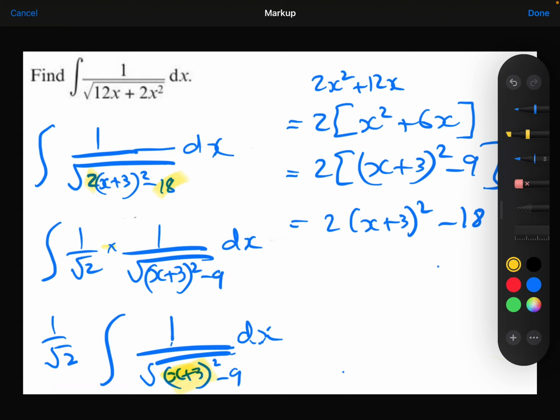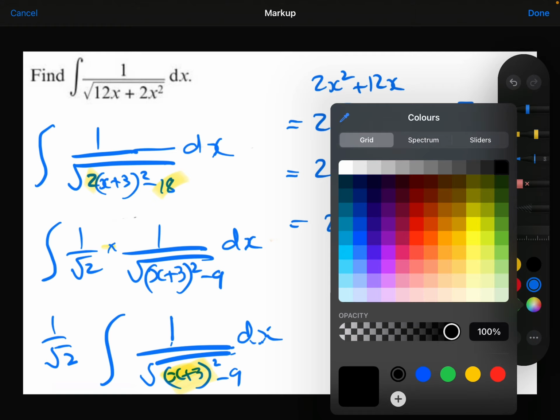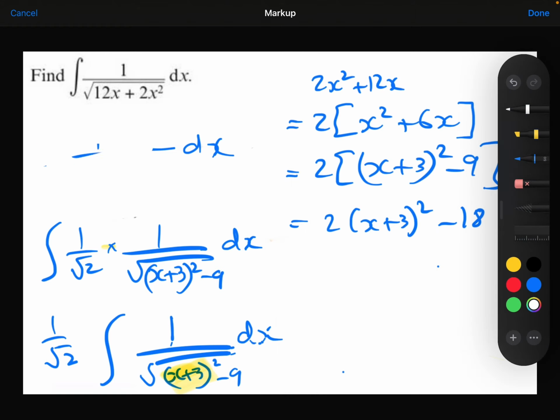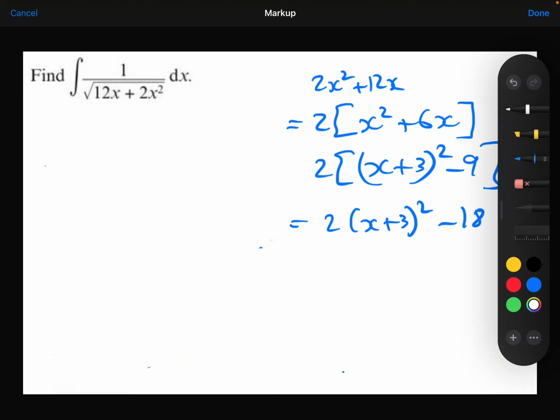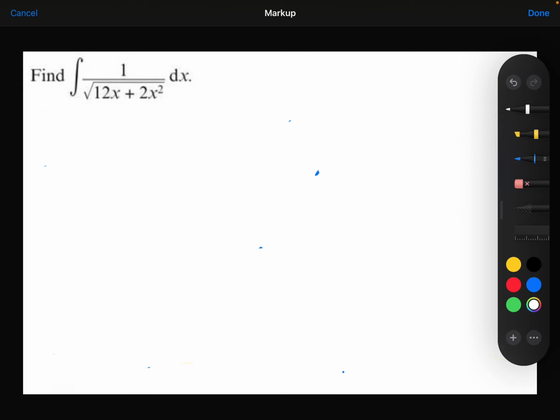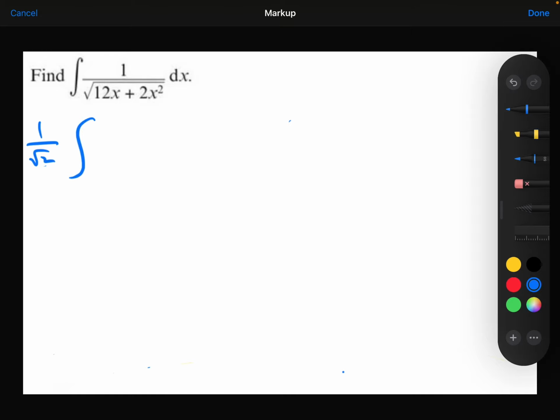So to finish this question off, let me just clear some space. So the integral that I'm actually going to try and do here then is I've got the 1 over root 2 on the outside, and I've got the integral of 1 over the square root of x plus 3 all squared minus 9 dx.